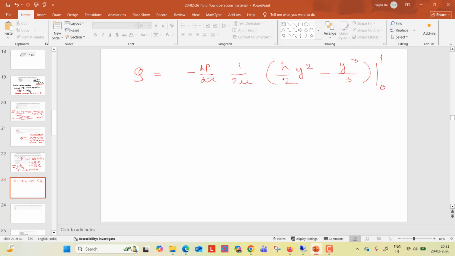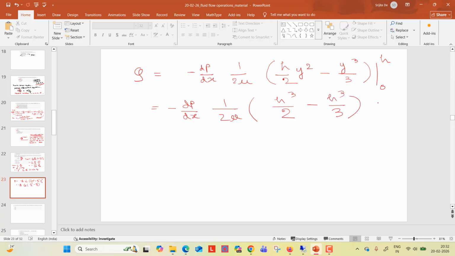So it will be minus dp/dx 1 by 2 mu times h cube by 2 minus h cube by 3. At 0, no term is left.